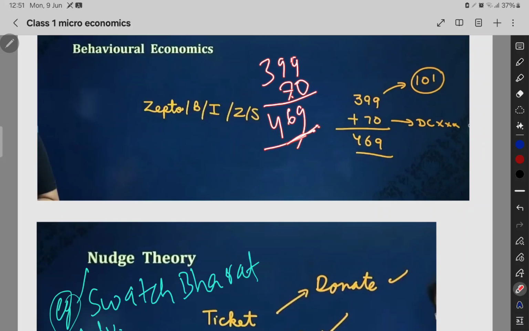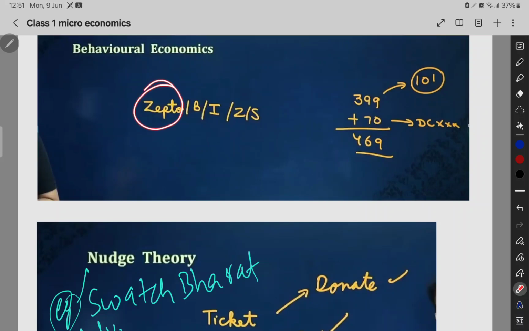That means what can I do? I can instead buy something and I will get a free delivery. You are actually not planning to buy something, but due to the discount or the free delivery you are planning to buy. So that is the market tactics that Zepto uses. Zepto, Big Basket, whatever, that is behavioral economics.